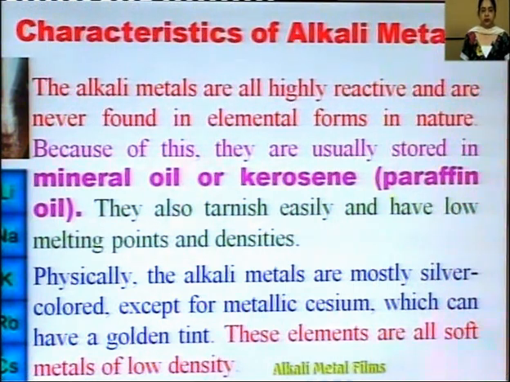Alkali metals are mostly silver colored except for metallic cesium, which can have a golden tint. These elements are also soft metals of low density.